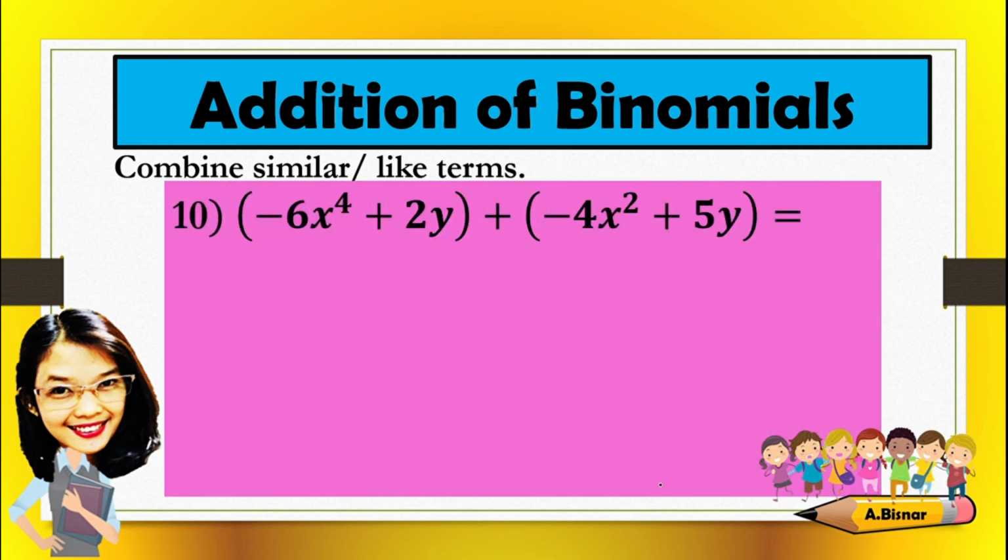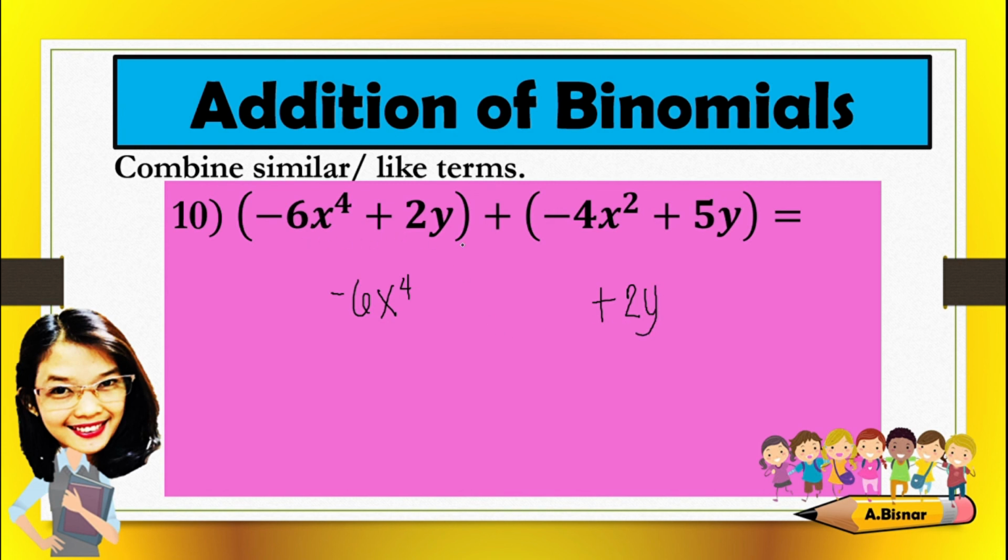And for the last one, say we have negative 6x to the fourth plus 2y plus negative 4x squared plus 5y. Again, align similar terms. So negative 6x to the fourth plus 2y.